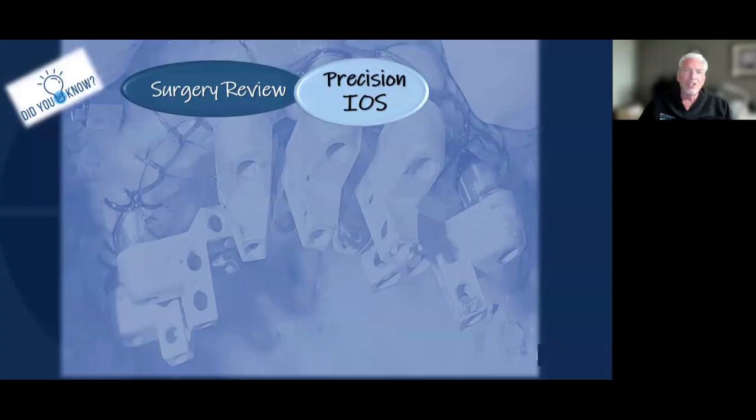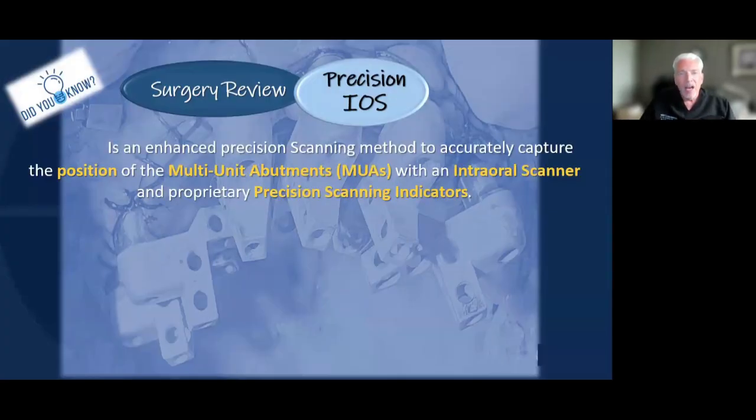Now, precision iOS. Some people have used the terminology photogrammetry with respect to that, but that phrase is a trademark phrase. So we use the phrase precision iOS, precision intraoral scanning.